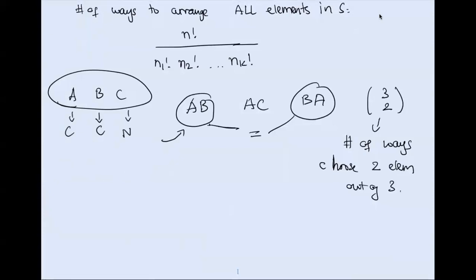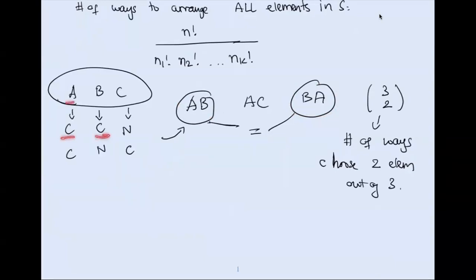AC is when we assign chosen to A and chosen to C and not chosen to B. BA is the same as AB, where we assign chosen to A and B and not chosen to C. So the number of ways that you can choose 2 elements out of 3 is the same as the number of ways that you can arrange the word C, C, N.